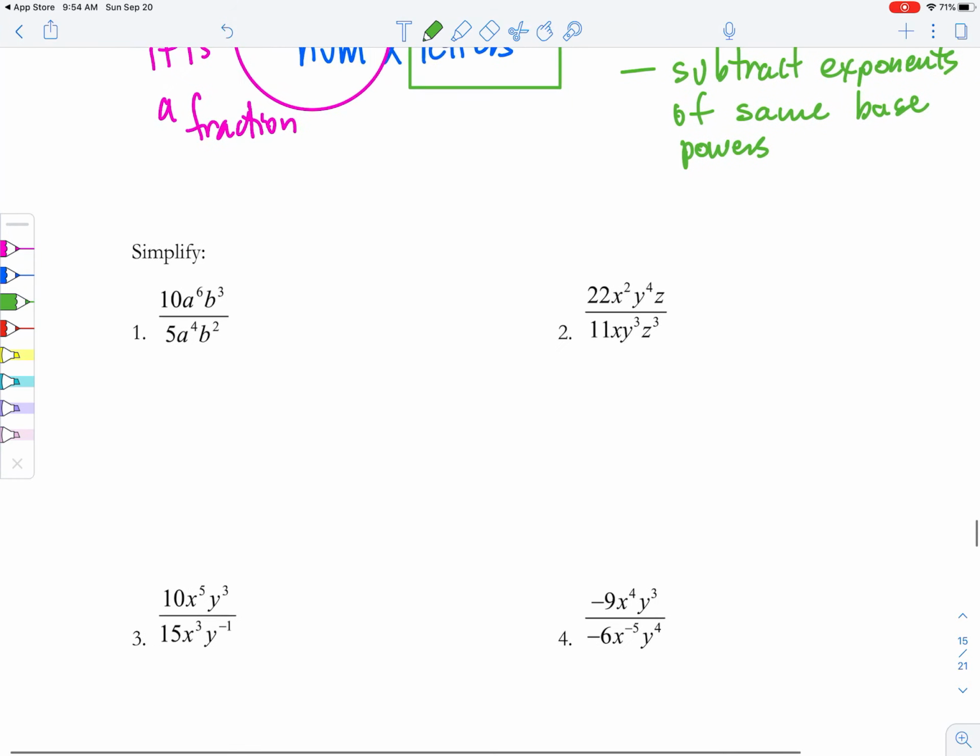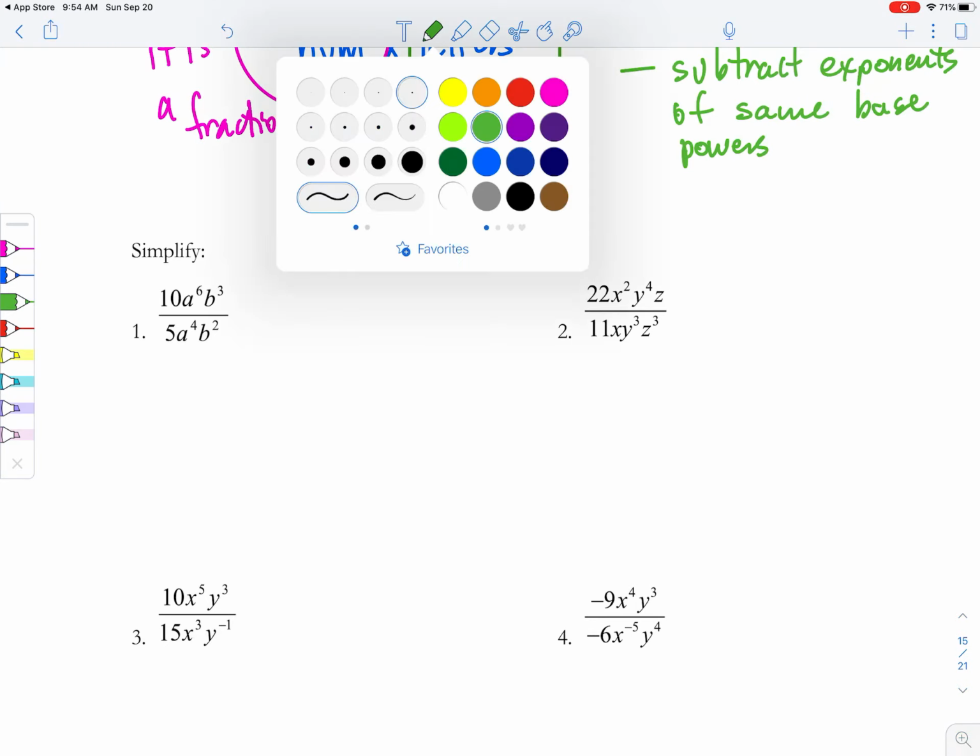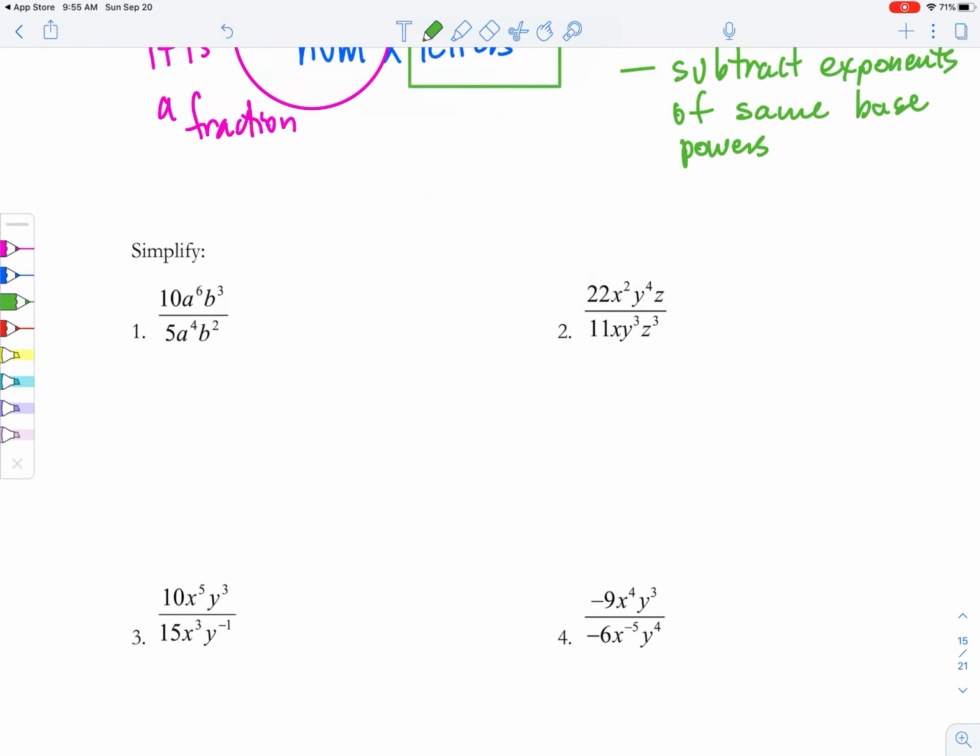So question 1 asks us to simplify two terms. So if we look at just the numbers first, we've got 10 over 5, which simplifies to 2 up top. And then we've got a^6 over a^4. That means 6 a's up top, 4 a's down low.